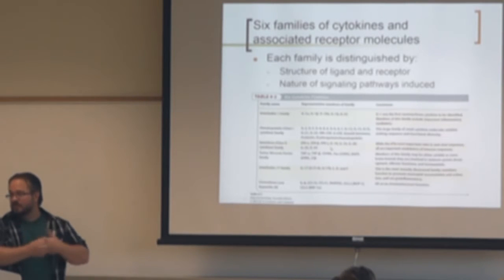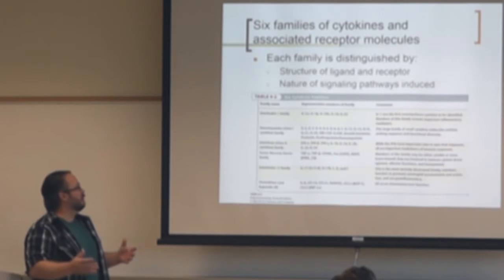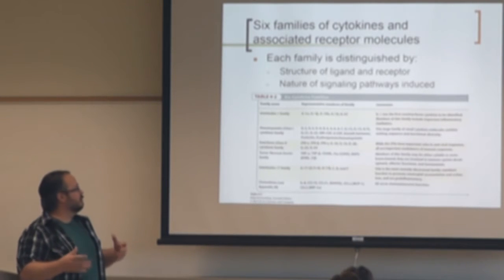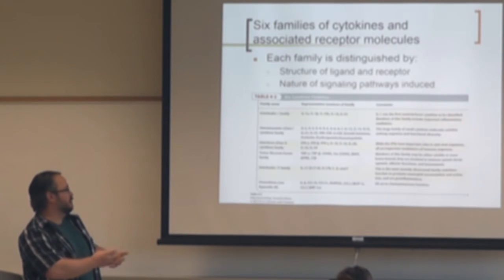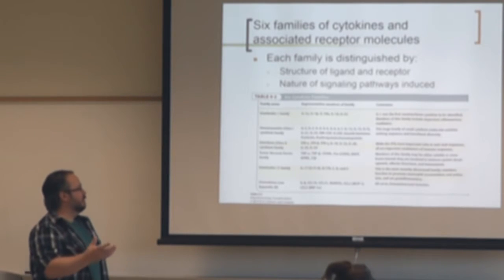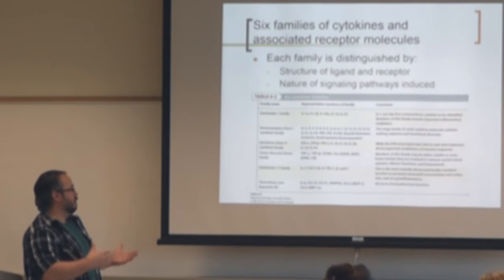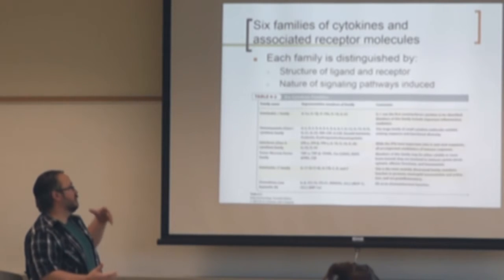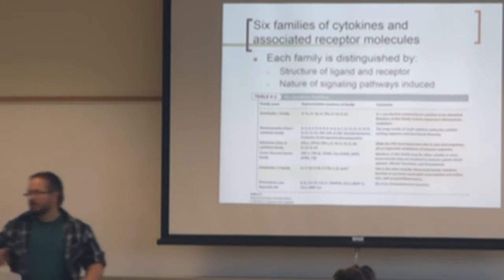These interferons are basically called that because when they first started growing cells and they came in contact with virus, and then they took supernatants from those cells that didn't have any cellular components, there was some component that was secreted that had direct antiviral effects, and so they called them interferons. And so that's this class of interferons.